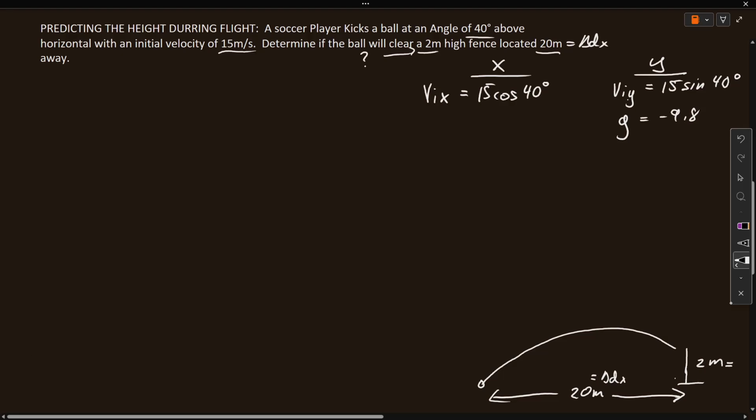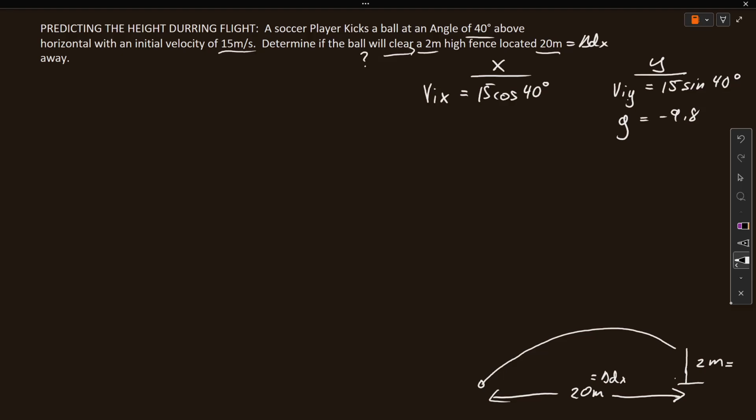I'm going to set the horizontal distance to 20, and then I'm going to discover what delta dy is. And then once I've discovered that value, I'll compare it with our 2 meter net or fence, and see if it's tall enough, etc.